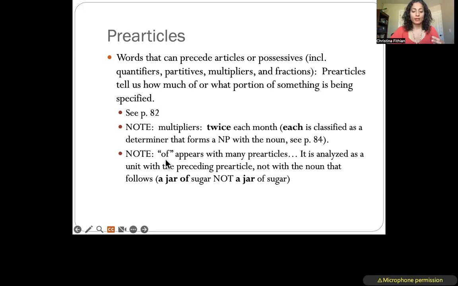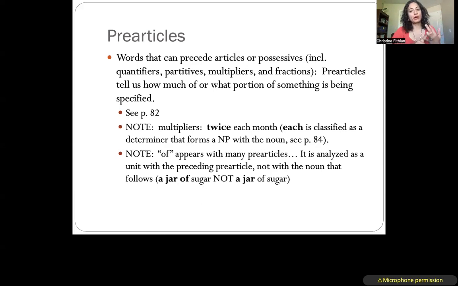We also have of, and this appears with a lot of prearticles. We're going to analyze that as a unit with the preceding prearticle and not with the noun that follows it. So I can say a jar of sugar and not a jar of sugar. Okay. So a jar of sugar specifies a measurement. So prearticles are often measurements.